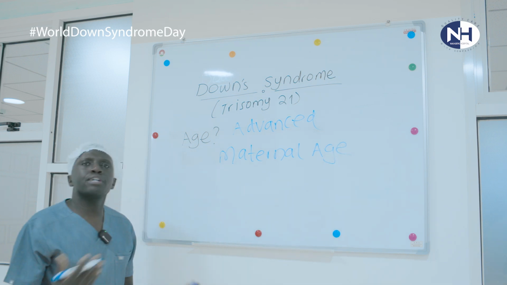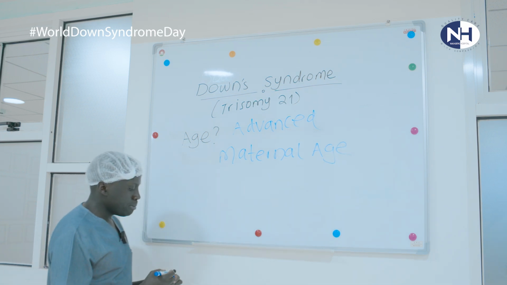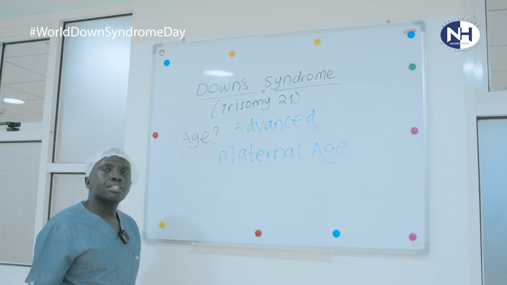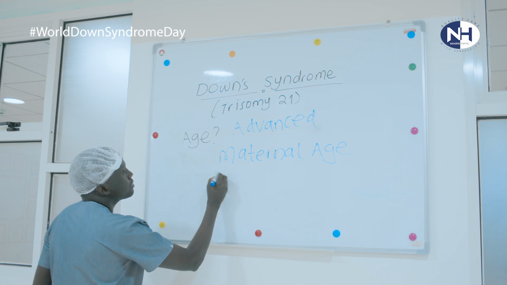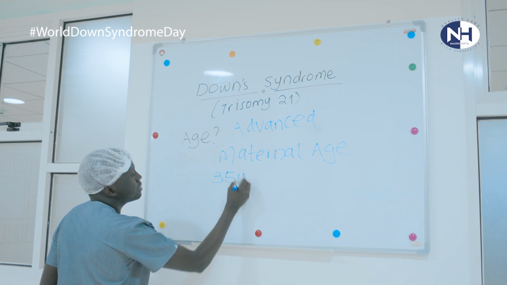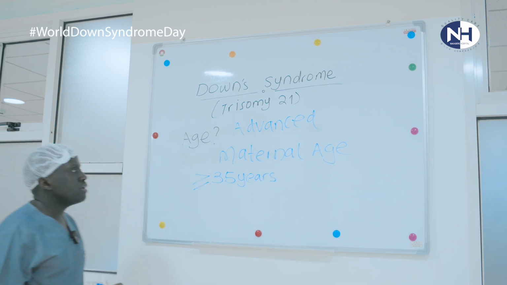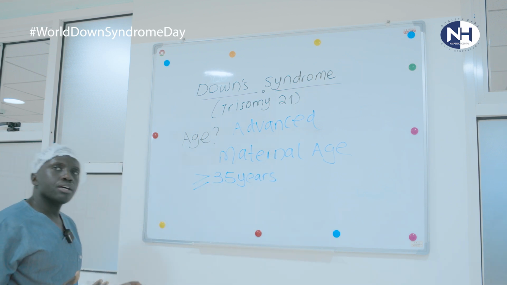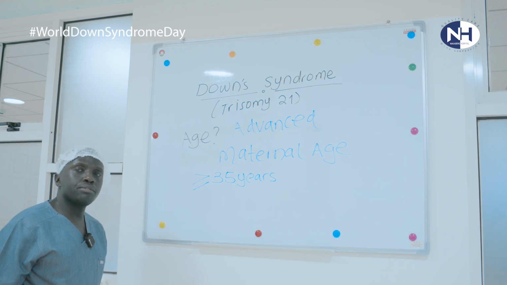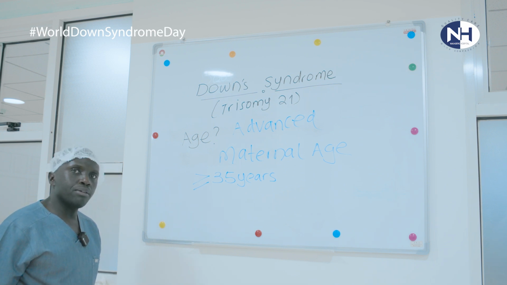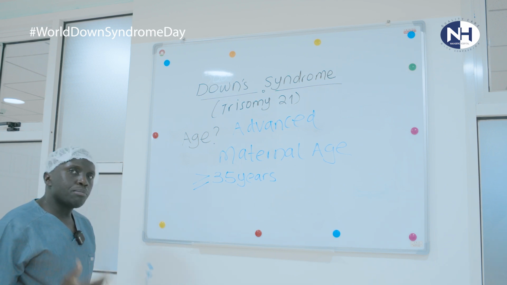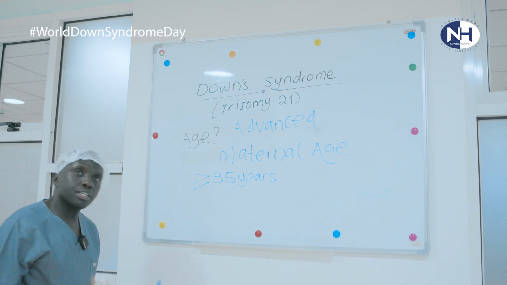By advanced maternal age, we talk about an age of 35 years and above. So if a mother is 35 years of age and above, there is some risk of having a child that has Down syndrome.